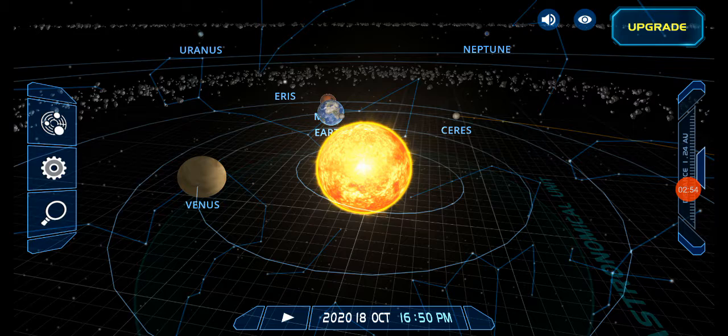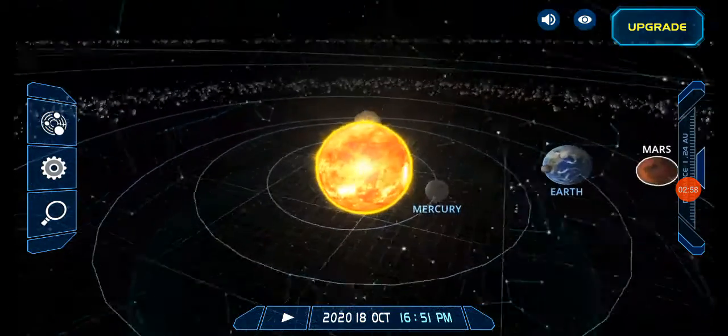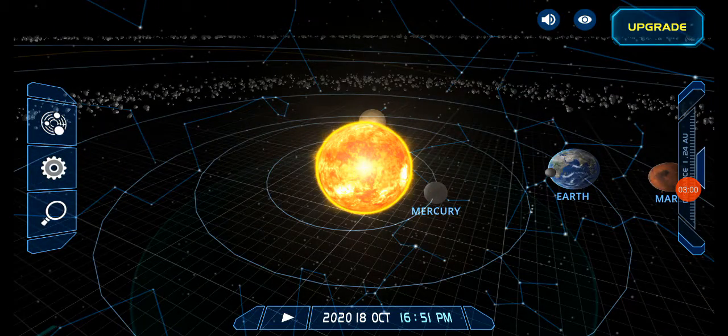But first, you must be wondering about the lines circling around the sun. These lines are called the axis, or the path through which the planets revolve around the sun.